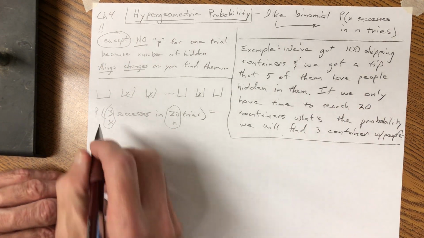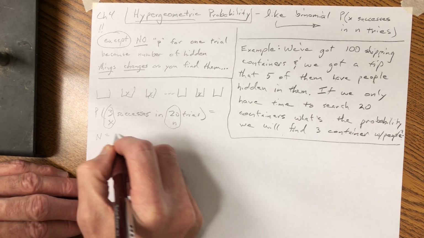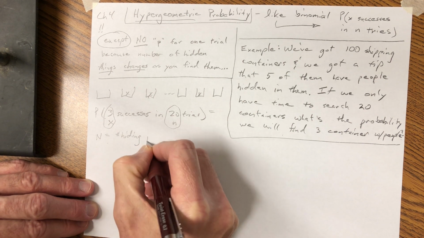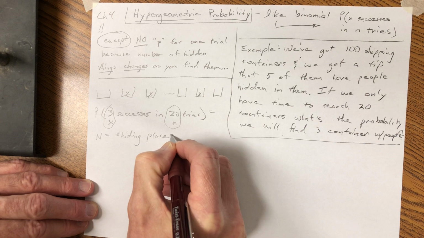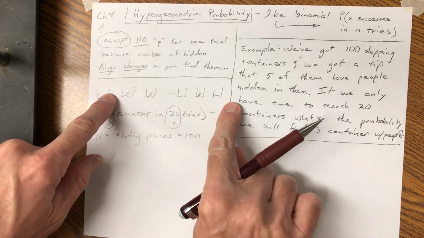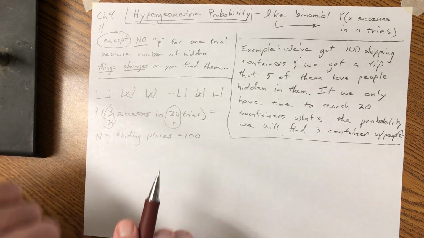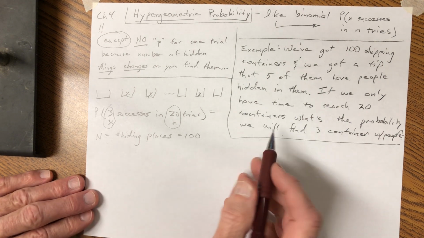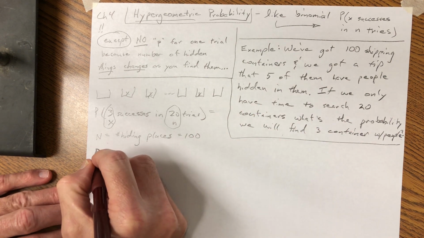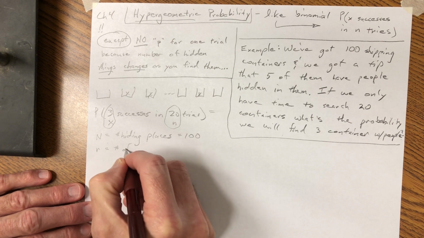The biggest number is going to be capital N, the number of hiding places, and for our example that's 100. The number that we search is lowercase n, which is 20. And the other thing we need to know is how many things are hidden. That is 5, and we're going to call that R, the number of things hidden.